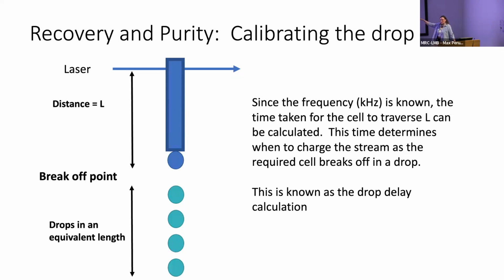Having any bubbles in the system will create this problem and then obviously not sort your cells appropriately. So quartz cuvette systems are much easier. Because they're more contained, they tend to be a little bit quicker to set up.